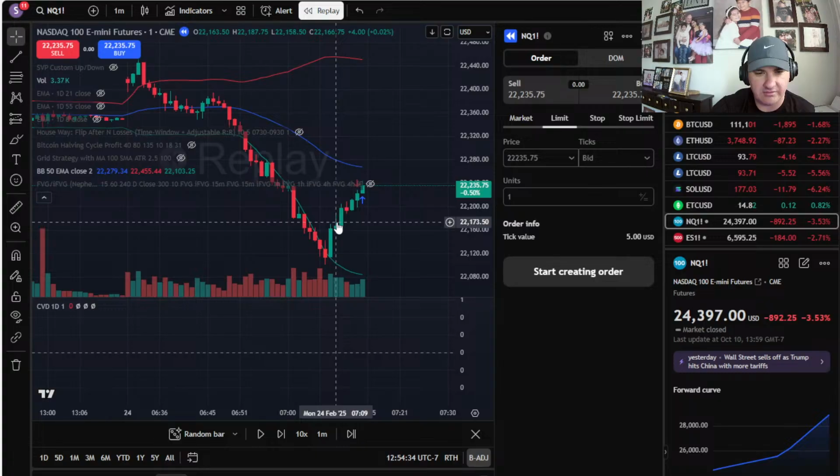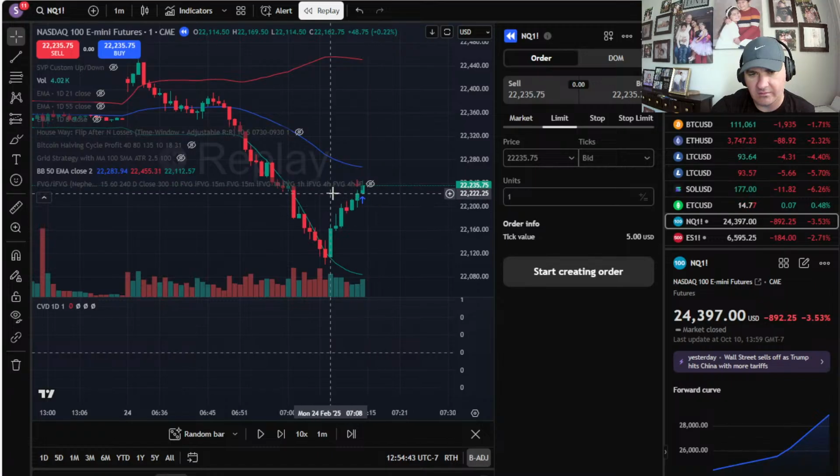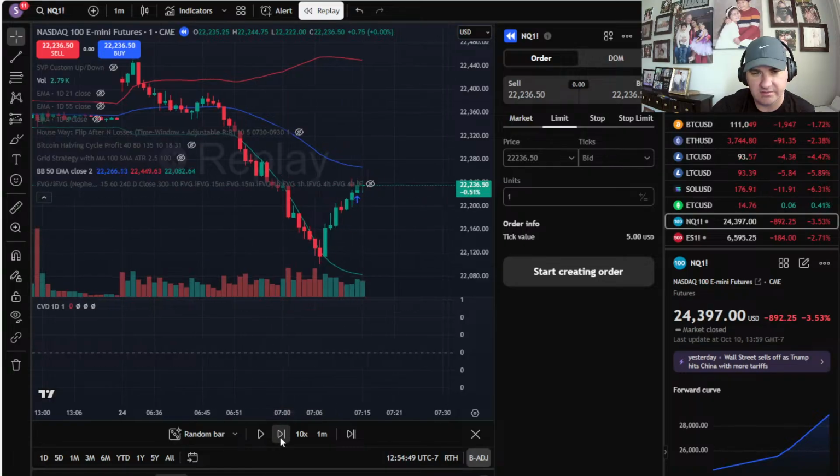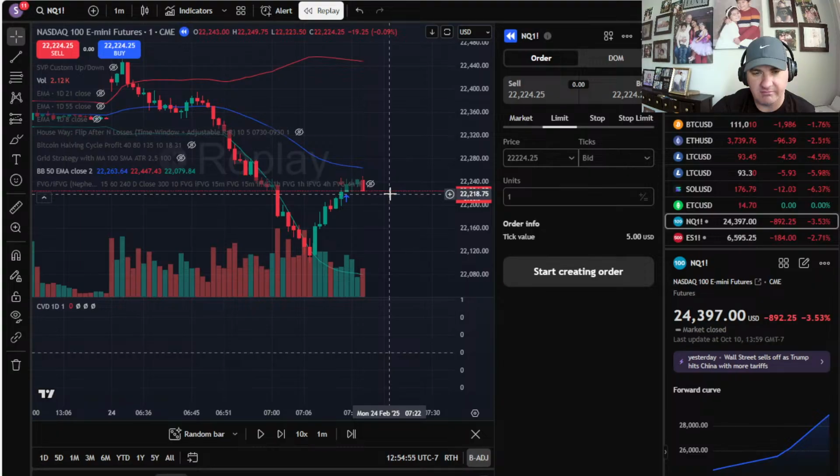This one actually got respected for a second, but then inverted. We have a gap here. Let's play this out a little bit. I'm going to try a trade off of this gap.